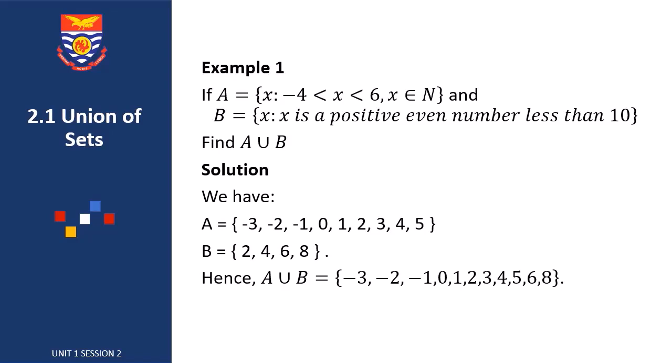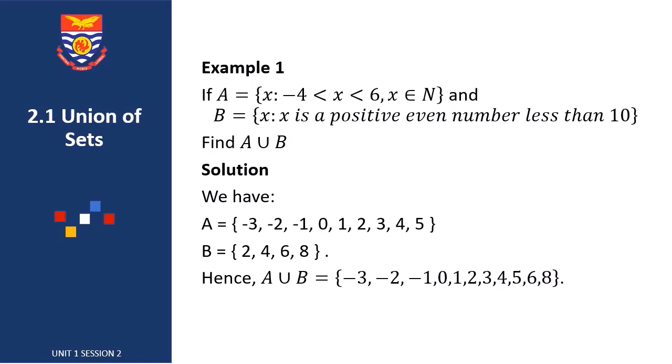If set A is equal to X such that X is greater than -4 but less than 6, and X is a natural number, and set B is equal to X such that X is a positive even number less than 10, find A union B. Let's look at the solution.